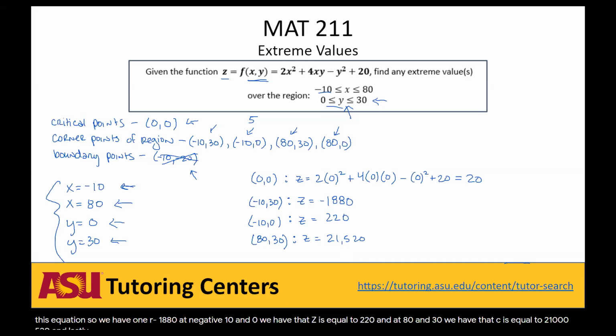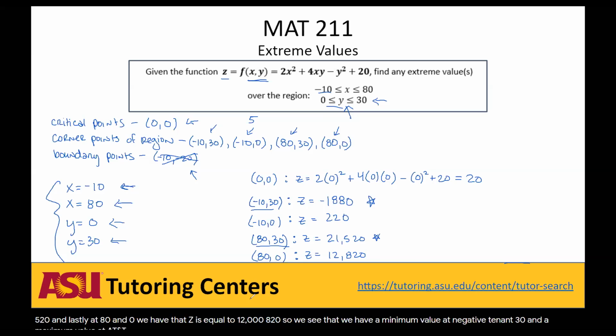And lastly, at 80 and 0, we have that z is equal to 12,820. So we see that we have a minimum value at negative 10 and 30 and a maximum value at 80 and 30.